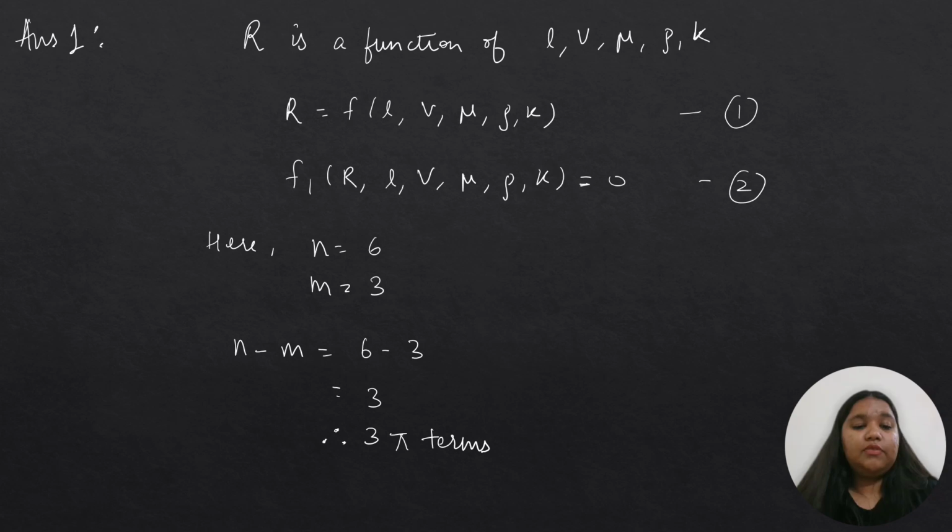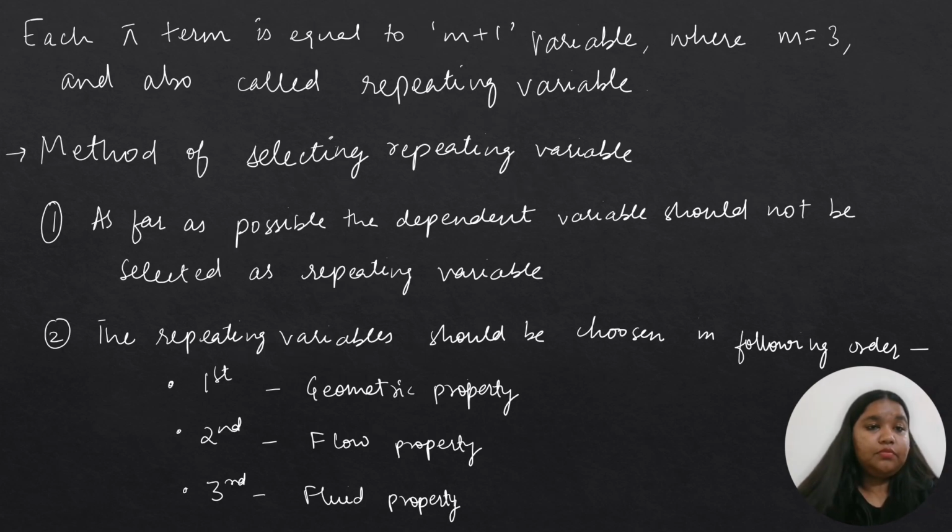So we have 3 pi terms, and each pi term is equal to m plus 1 variables, where m equals 3, also called repeating variables. When we write pi, each pi will have 4 terms: the 3 repeating variables and one more, the extra variable which we have left.